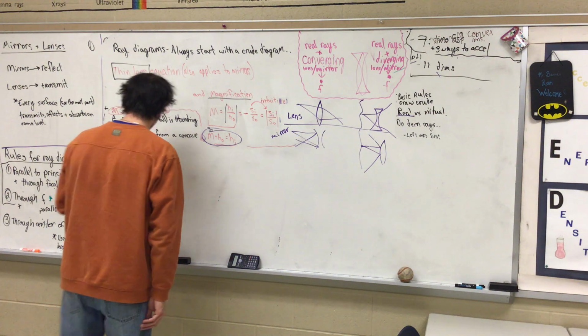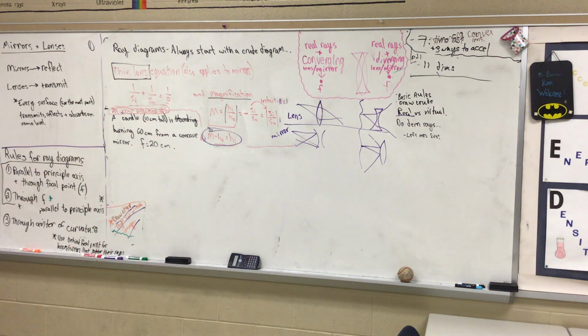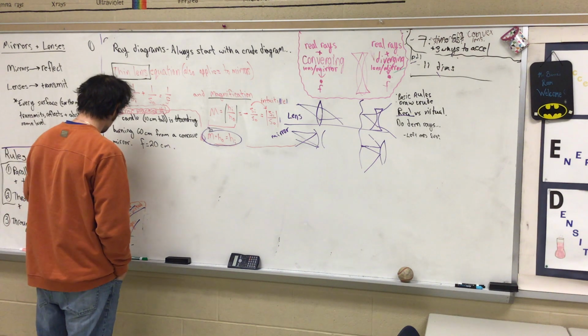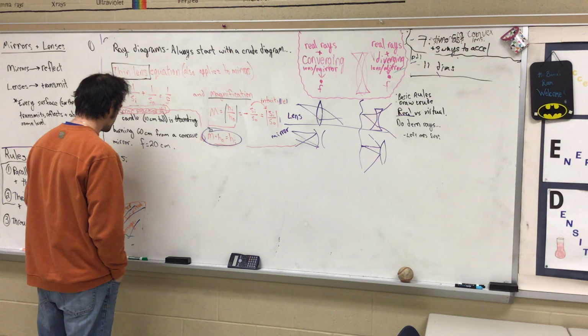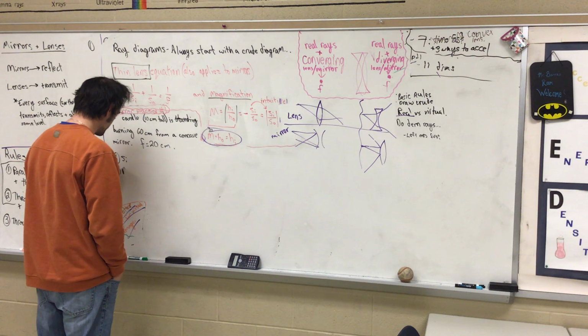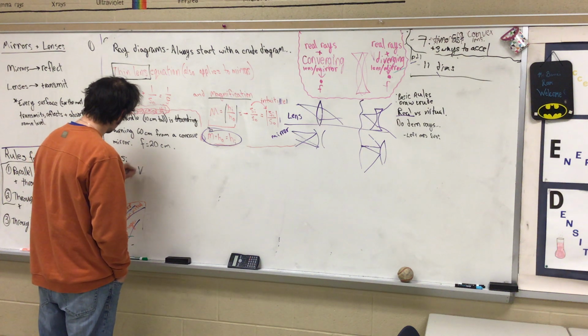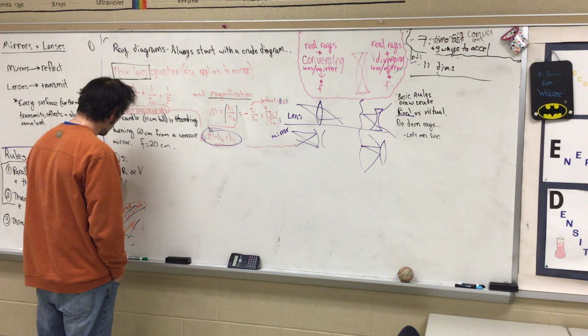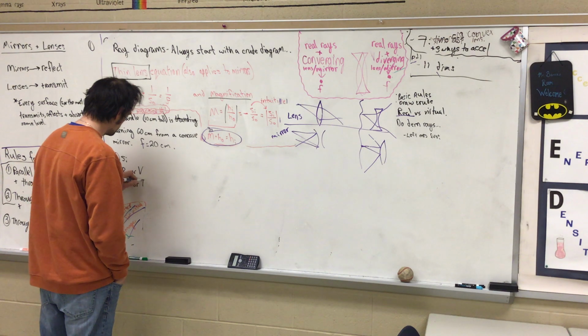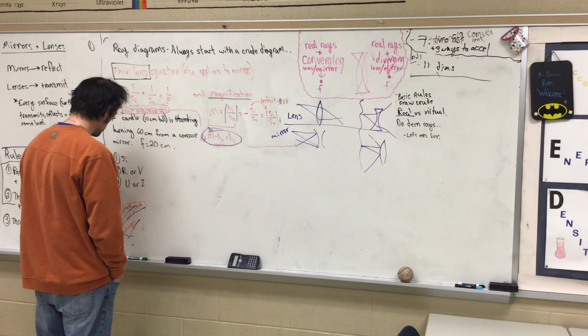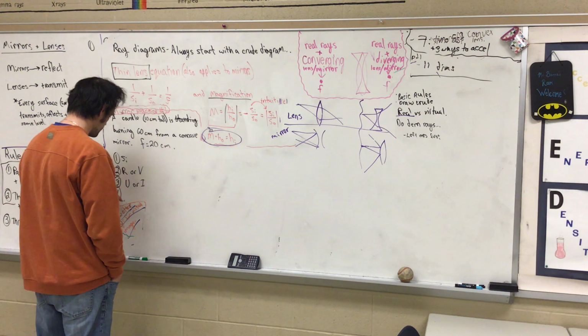Any other important information? That's it. So number 1, of course, what's the image distance? Number 2, real or virtual. Number 3, upright or inverted. And 4, magnification.